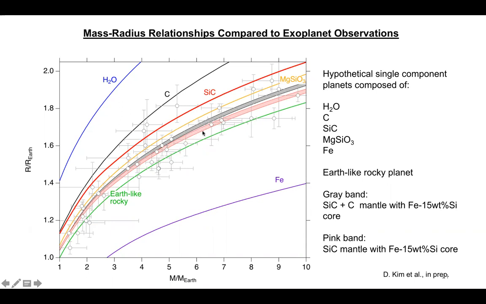The pink band would just be a very simple pure silicon carbide mantle with an iron alloy core, and the gray band would include an equal mixture of silicon carbide and carbon in the interior. So carbon planets are a bit less dense than rocky planets, and this shows the range of type of behavior that we could have.